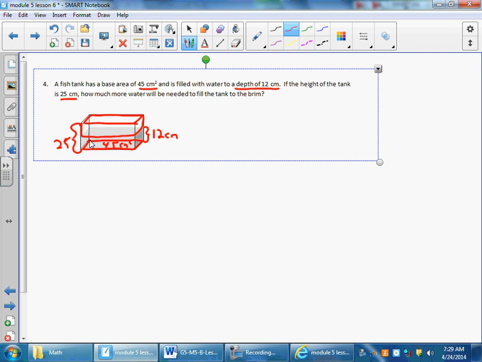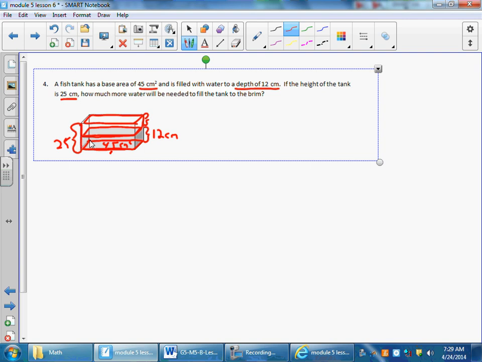Now, my base area won't change. The base area here is still going to be 45. What I have to understand is that I need the height of the unfilled space.